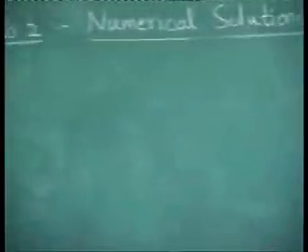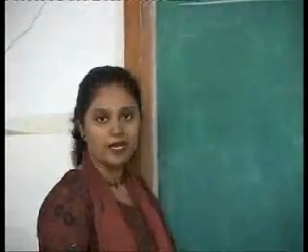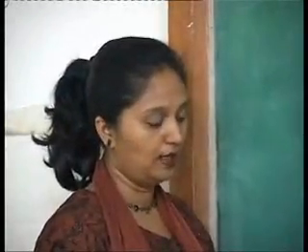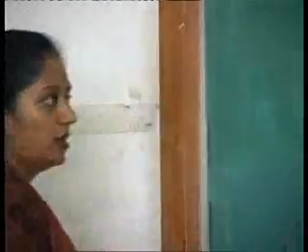The last method that we are going to study in today's class is called Runge-Kutta fourth order method. There is also the second order method. Of course, Runge-Kutta fourth order method gives a slightly more accurate value, but there are more calculations involved. And the second order seems to be left out from the syllabus.